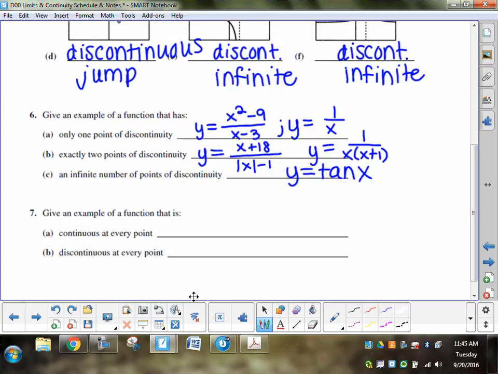Now, give an example of a function that's continuous everywhere. Adam, what would you say is a function that's continuous everywhere? There you go. Now, this one, play around with it, and this is a number theory question.